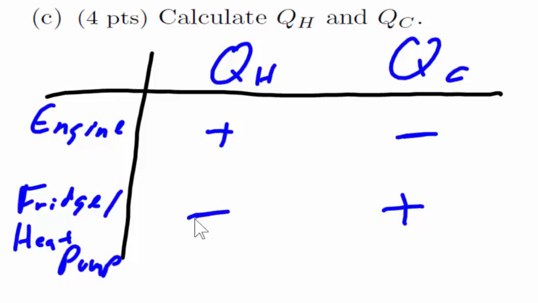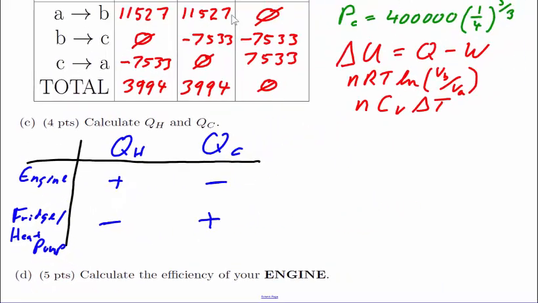As we examine our calculation, we'll see that there are 3 steps during which we calculated heat: A to B, B to C, and C to A. Each one of these either makes a contribution to Q hot or Q cold, and we determine which one by looking at the signs. Q hot will be the sum of all positive contributions.